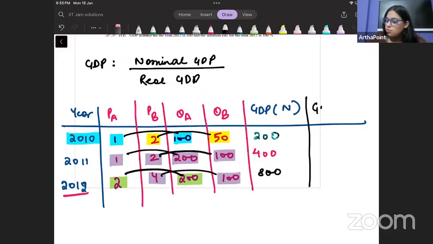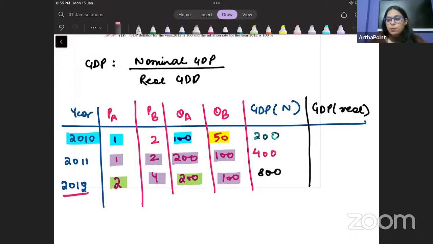Now when we talk about GDP in the real terms, beta, real GDP is when you will take price of the base year. So price हमेशा यही रहेगा. You will always take this price and you will multiply the corresponding quantities. So this year में तो, because earlier also I had taken these prices only, I will get the real GDP also as 200.